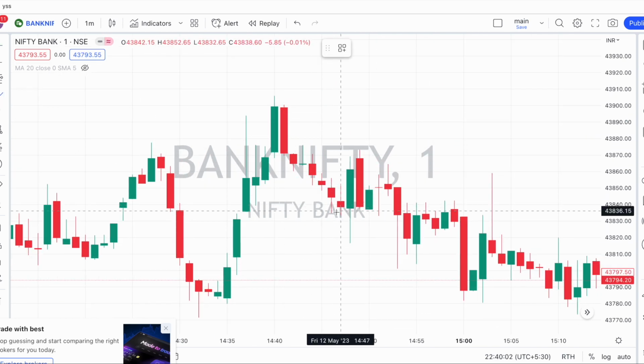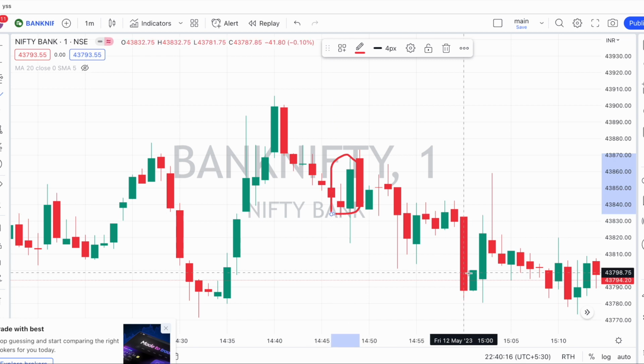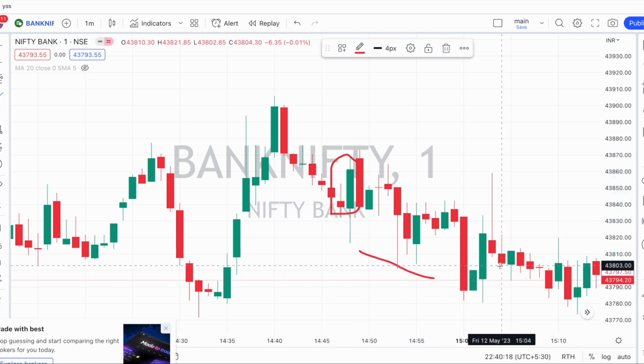This is a red candle, and the body of the red candle is completely eaten up by the next candle, which is green in color. So this is called a bullish engulfing pattern, right? This is also a bullish engulfing pattern. The body of the red candle is completely engulfed by a green candle.